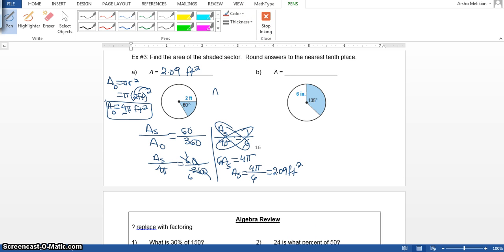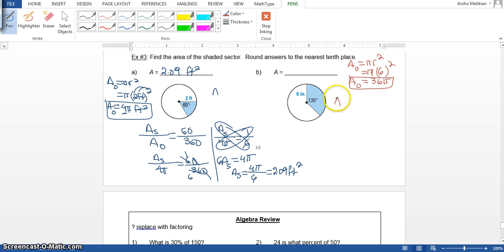Here, what I'm going to do first is find the area of the full circle, pi r squared. So now this is pi times the radius squared. I'm going to leave units out for a minute. So the area of the full circle is pi times 36, which is 36 pi. Now, I'm going to set up my proportion.